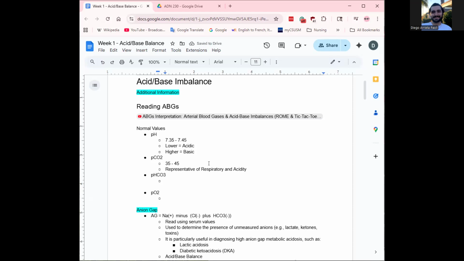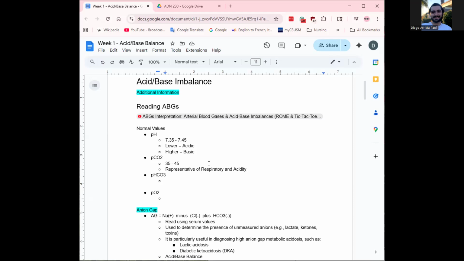It means in terms of your matching, one of the things you're doing with the ABGs is matching base to base or acid to acid with your pH and either your CO2 or your bicarbonate. So your CO2, when it matches with your pH, is representative of a respiratory imbalance, either respiratory acidosis or respiratory alkalosis.